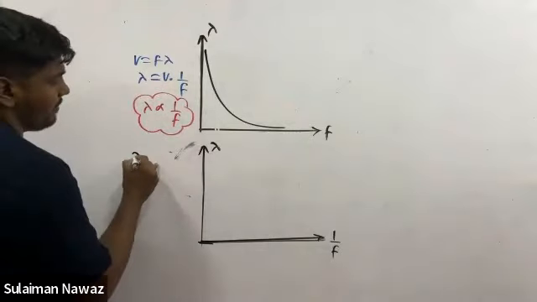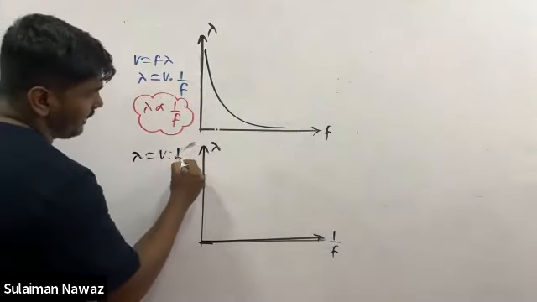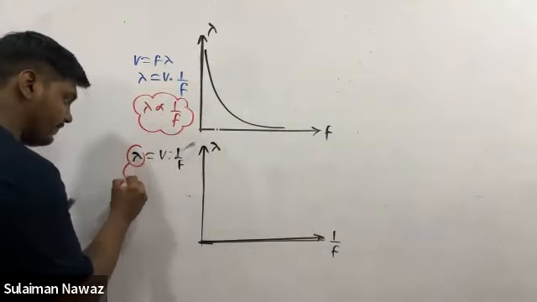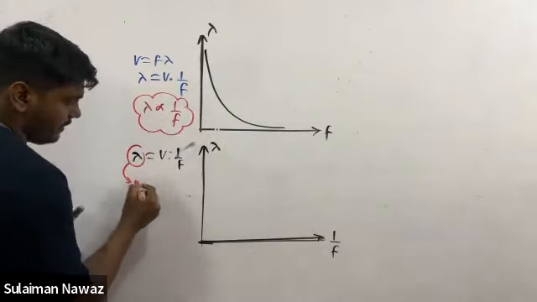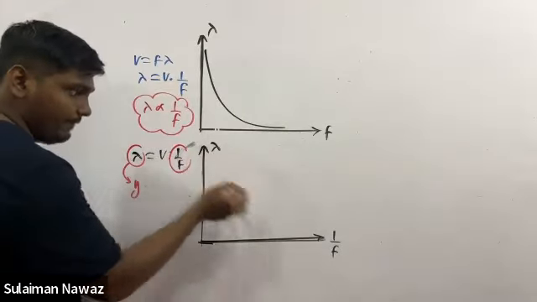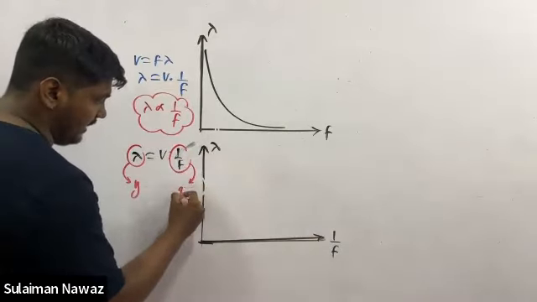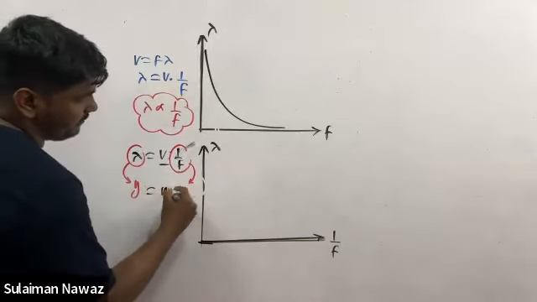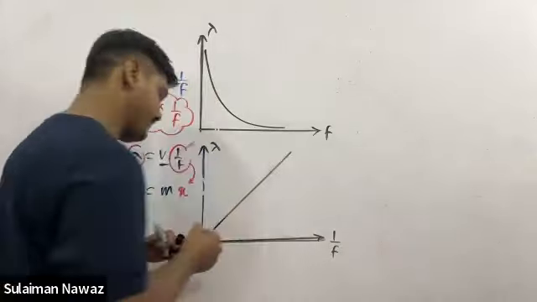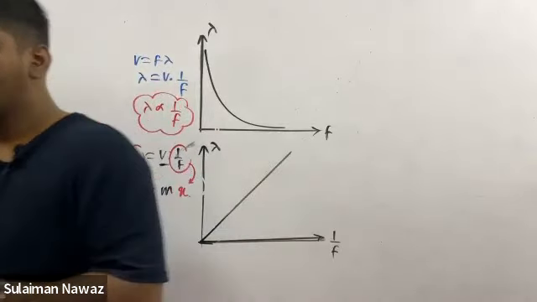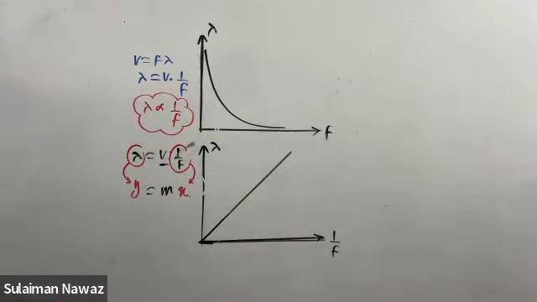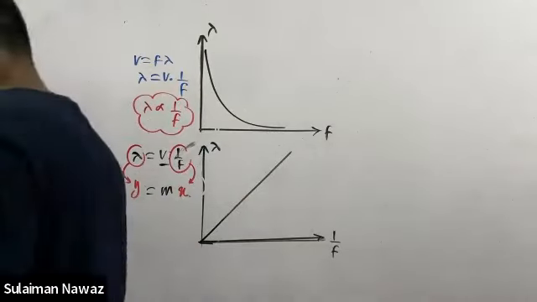Then lambda equals v times 1 over f. My lambda represents y, and 1 over f is my x-axis. This is some sort of gradient, a y equals mx graph, right? I think we discussed that section also, right?